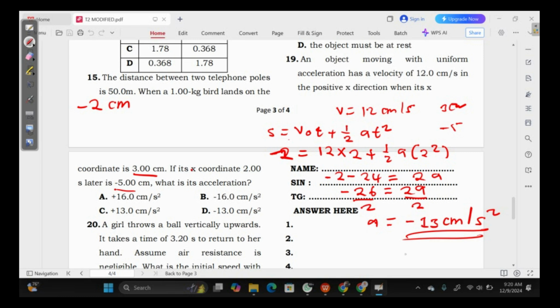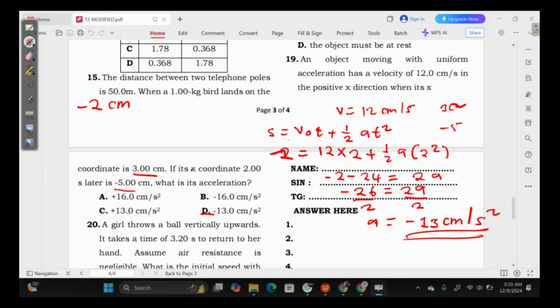And do we have this answer? Yes, it's here. And we even said that it was D, right? Have we even forgotten last time we talked about this? Did we get this question correct? But see, again, C also is negative 13. No, C is positive 13. It is written like a negative. It's a positive.